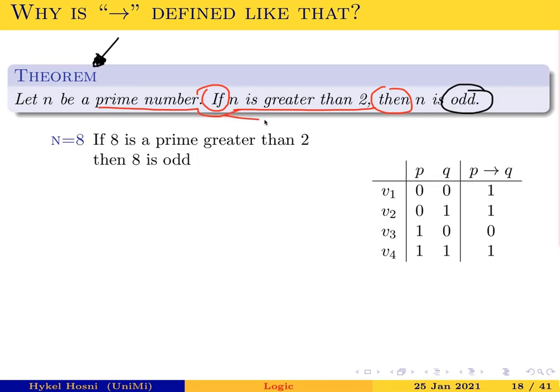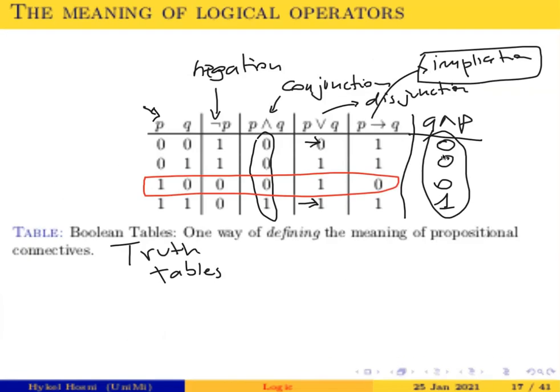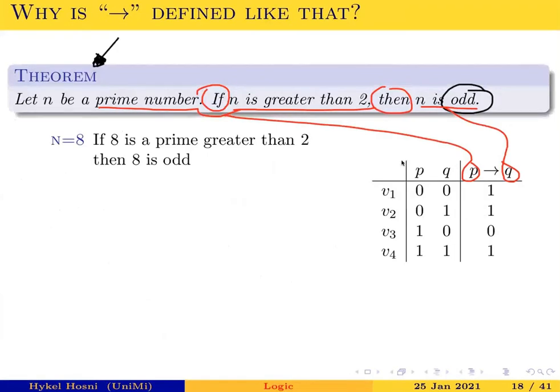This thing, let's agree, is just P. A prime number greater than 2 is P. And n is odd, let's consider it to be Q. This is going against what I said before, because I said before that the representation for that was P and Q implies R, but for my purpose here, it makes no difference. So let's just formalize it in this way. P implies Q.